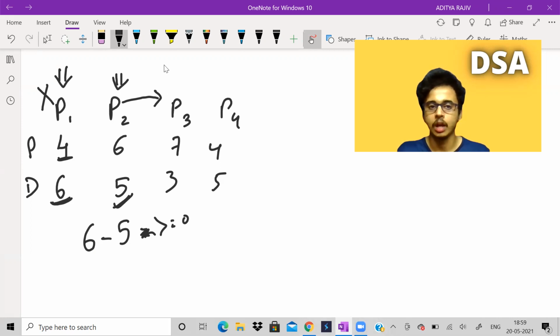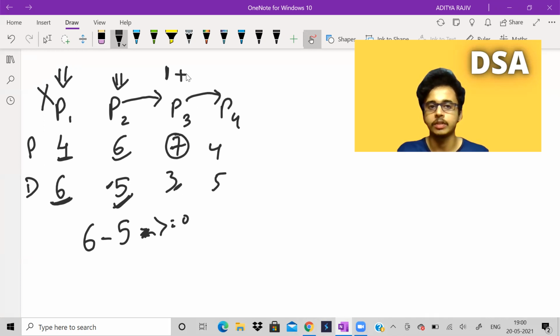How much is left with us in the fuel tank? 1 unit of fuel, because we have 6 units, but 5 units we use to travel 5 units of distance. Now consider this jump. We can get 7, but we need only 3.